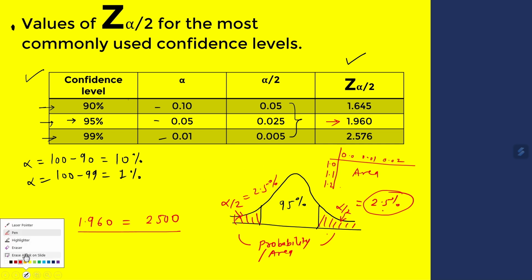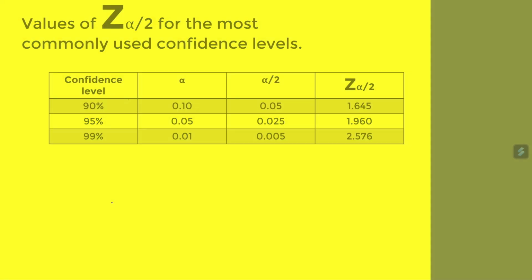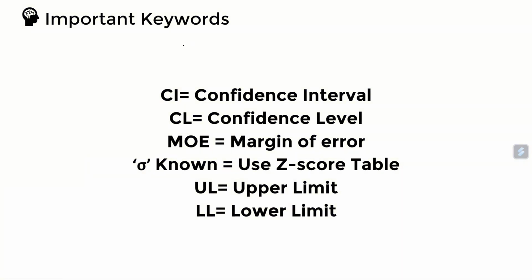Moving on to the next slide, we have some important keywords which we discussed. Starting from confidence interval and confidence level, both of these are the same.